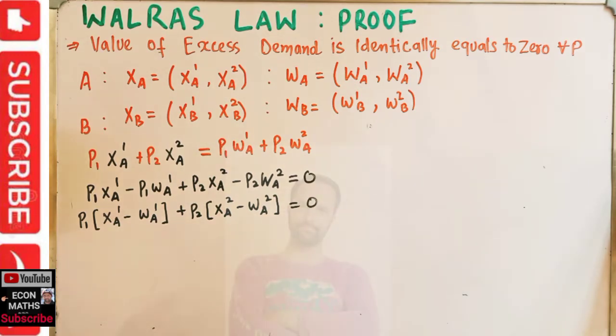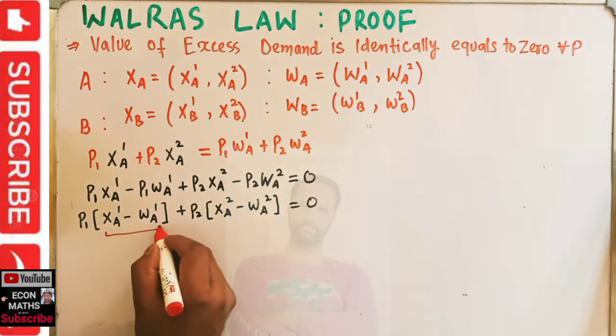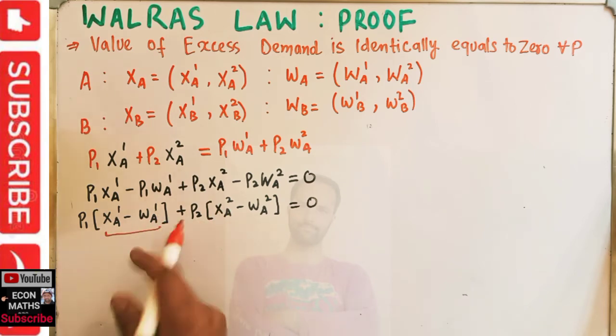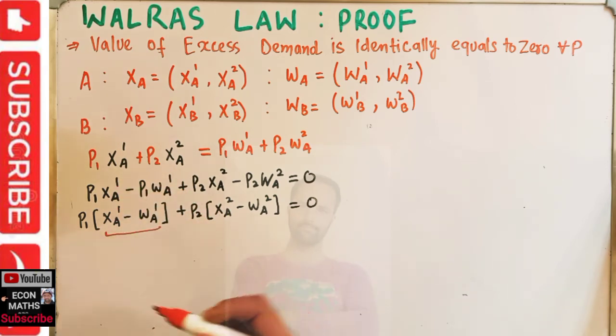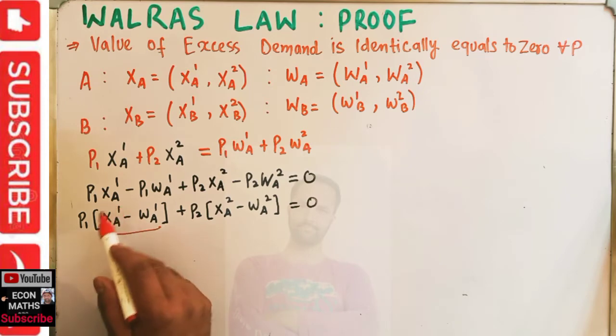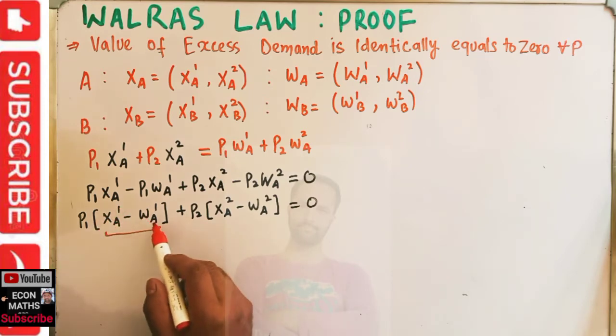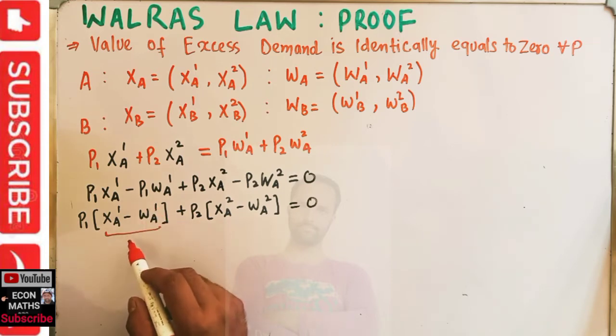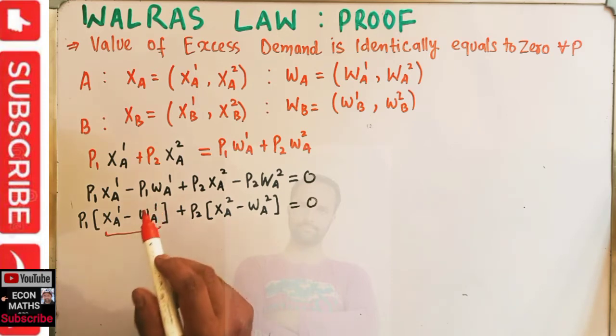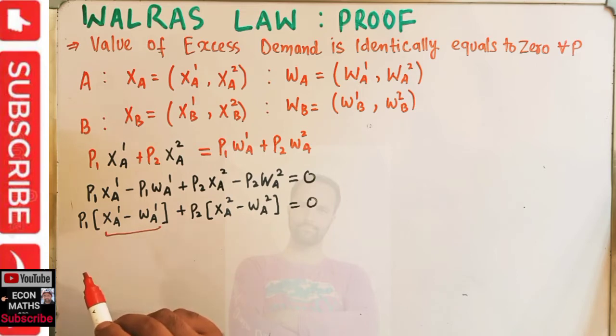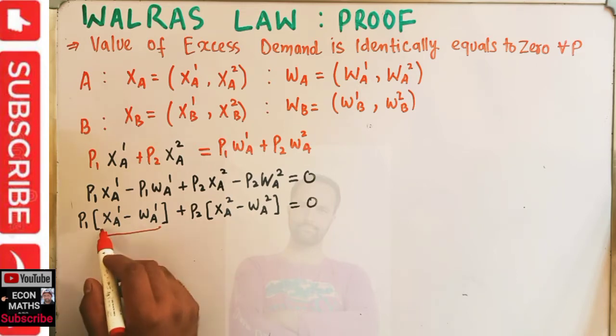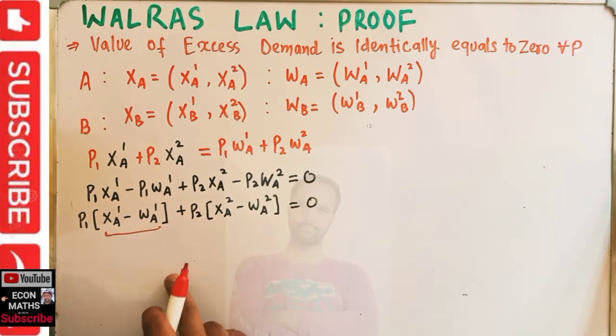Now what is this XA1 minus WA1? See it carefully. XA1 denotes the gross demand of good 1 by person A, and WA1 is the initial endowment of good 1 by person A. So the difference between these two should give us the net demand or the excess demand.